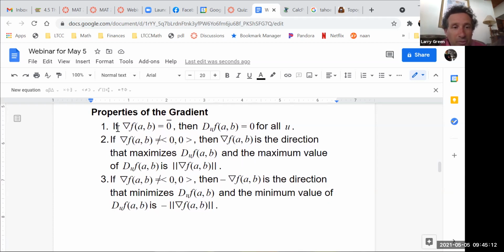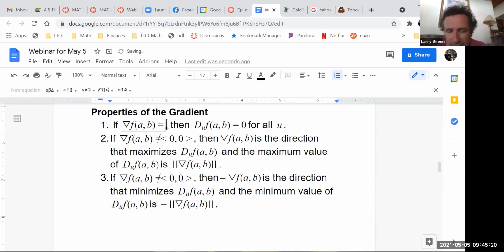Okay, so the first one: if the gradient of f is equal to the 0 vector, then the directional derivative in the direction of u of f at (a, b) is equal to 0 for all u.